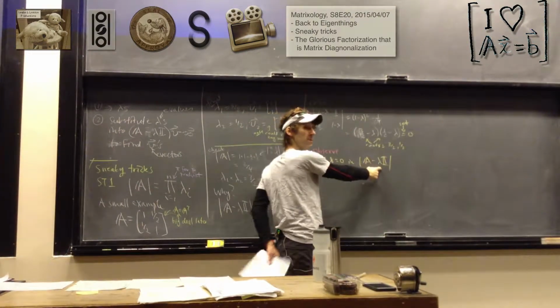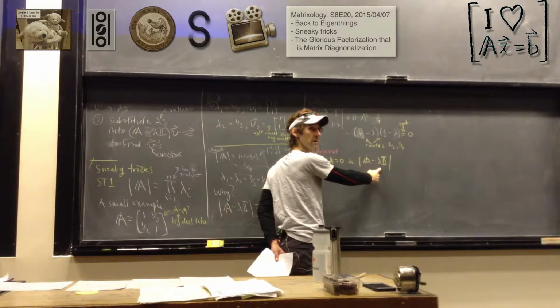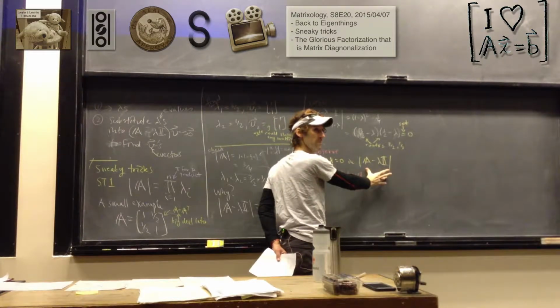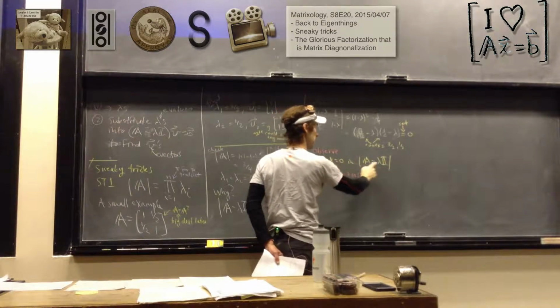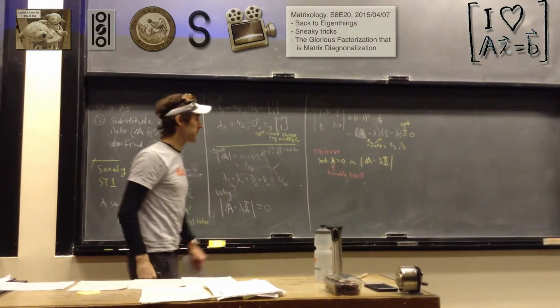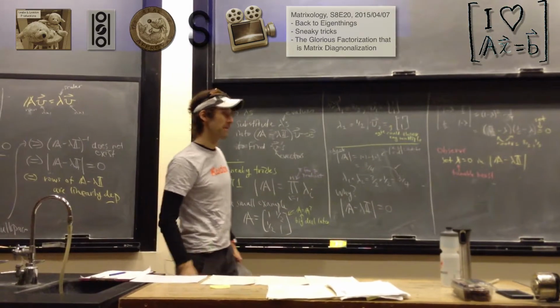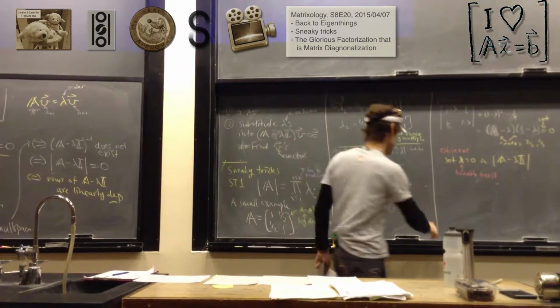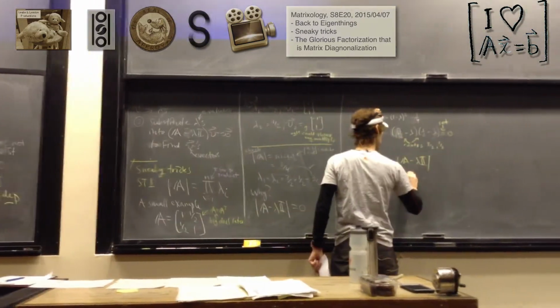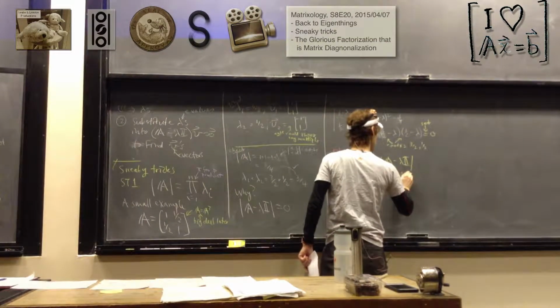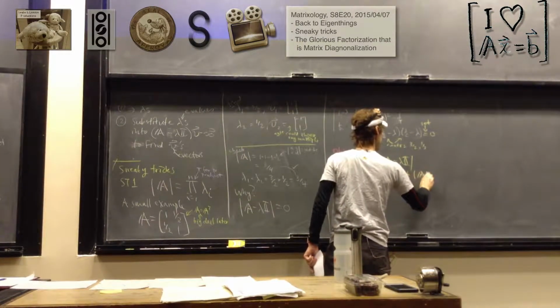What if we set lambda equal to 0 here? What is this now? We get just the determinant of A, right? So this goes away.